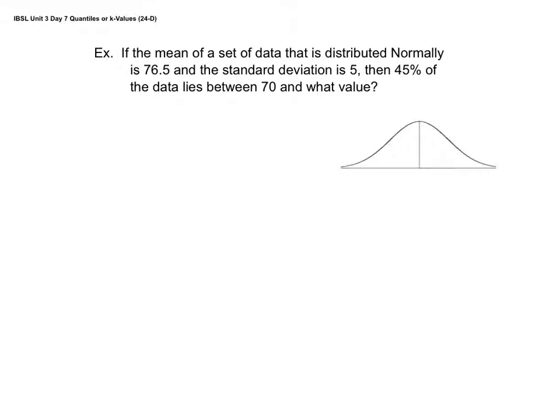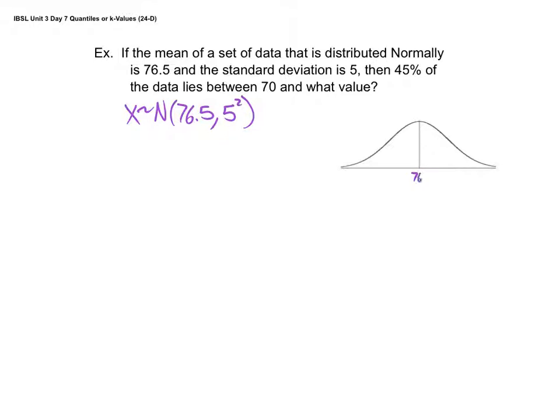All right, this one I want you guys to take a couple minutes and try. You can work together on this one. The mean of a set of data that is distributed normally is 76.5. So X is distributed normally with mean 76.5, and the standard deviation is 5. Then 45% of the data lies between 70 and what value?